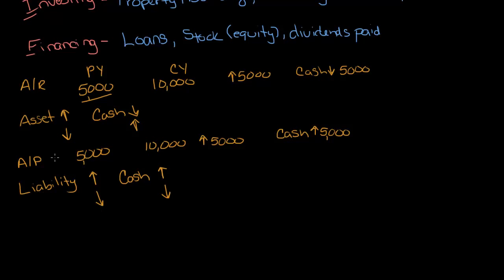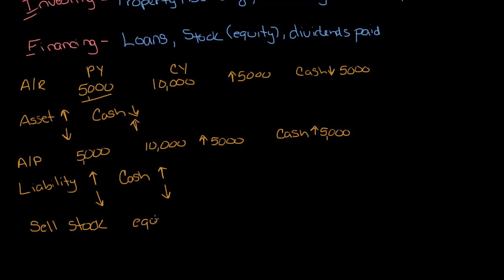And when you're dealing with, this is mostly for the operating section, because a lot of people have trouble with things like accounts receivable and accounts payable. But when you're dealing with the other sections, investing and financing, just ask yourself, would money be coming in or would money be going out? If we sell stock in our own company, what happens?